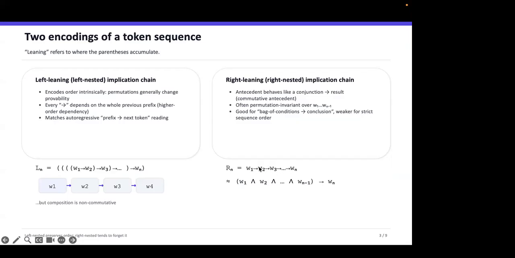So by default, unless you put parentheses, it would read like on the right side here, Rn. Now, what's very different between the left side, Ln, and Rn, is that the right side is equivalent to a conjunction implying the last element.